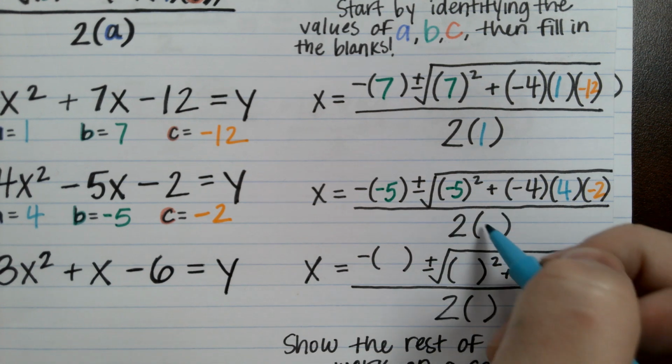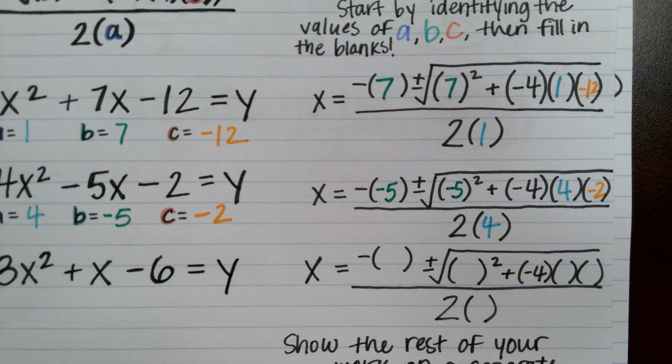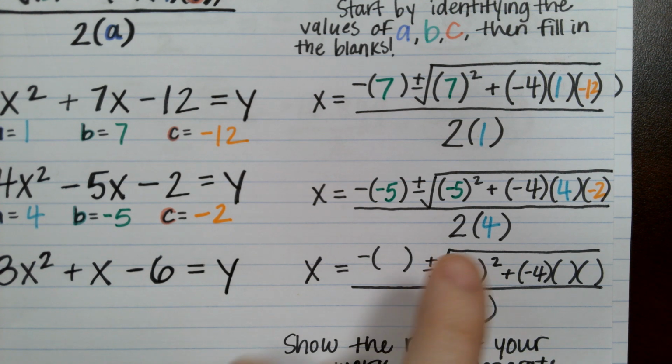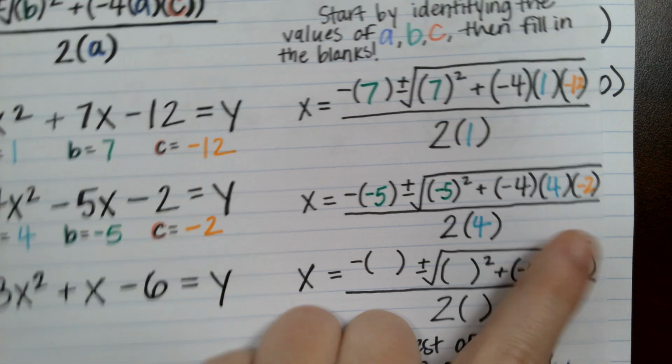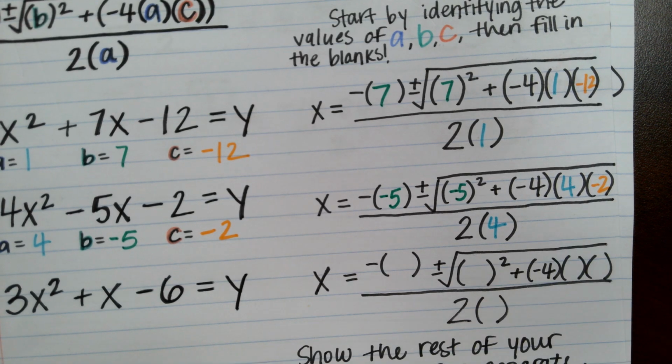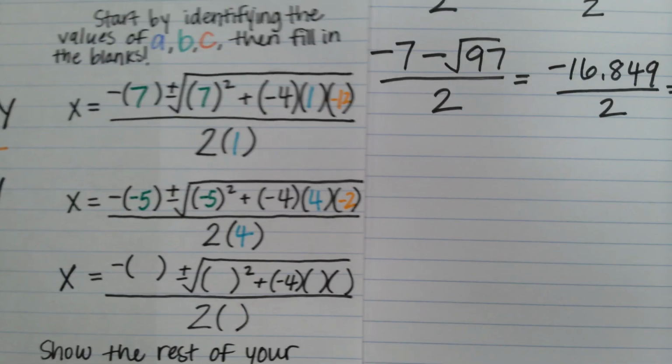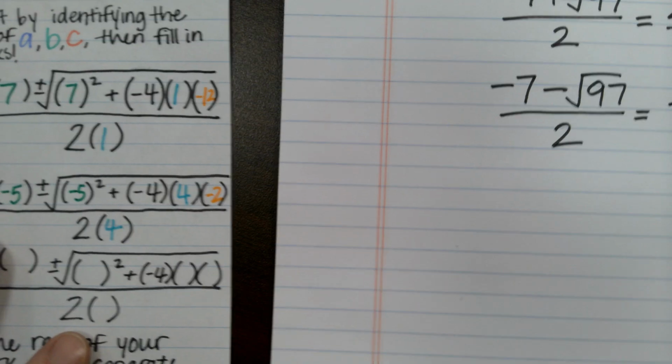My A is 4. Good. All right, so there's my values. -5 plus or minus the square root of -5 squared plus -4 times -2, all divided by 2 times 4. So I'm going to move that a little bit to the side, and we are going to start simplifying.